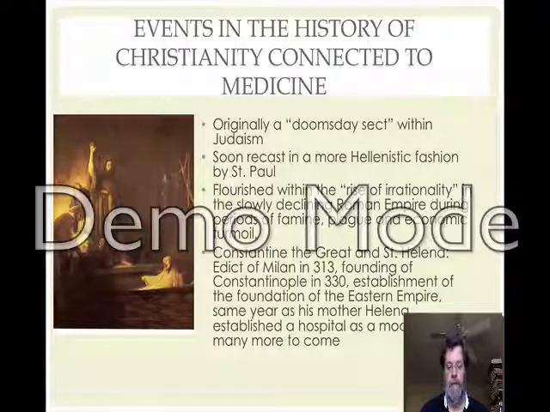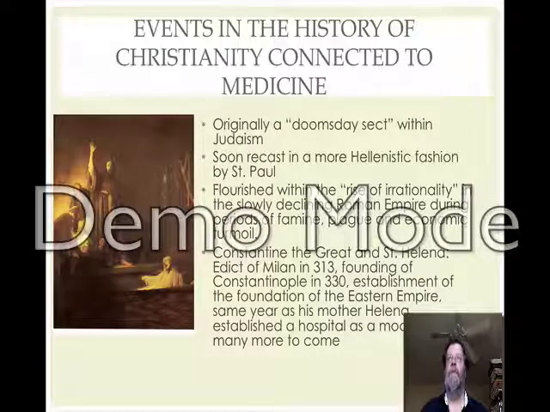As a consequence of this, the Roman Empire gradually disintegrated, and as you might know, under Constantine the Great and his mother, who was a Christian, Christianity, with the Edict of Milan in 313, was actually established as the state religion of the Roman Empire, particularly the Eastern Empire.